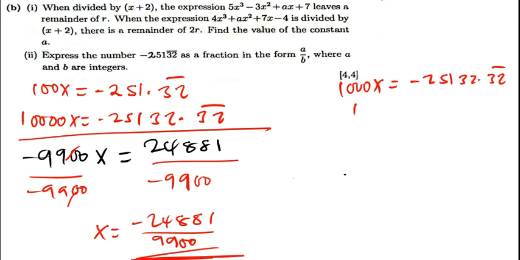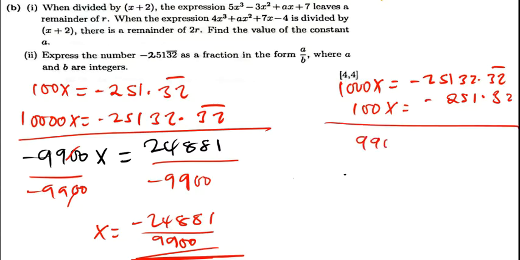Then you put now 100x being equal to negative 25, so you put it here. You put it here is 251, so starting from here 0.32, which is negative. Then you do minus, you still end up having 900.